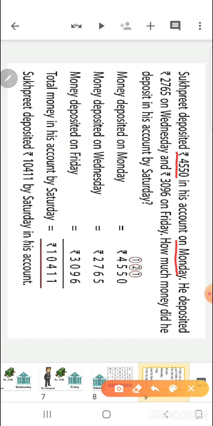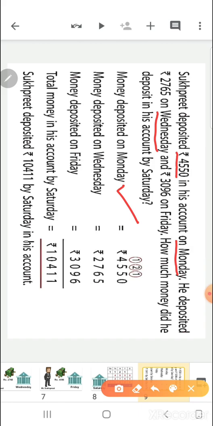So this is our first statement. Money deposited on Monday is equal to rupees 4550. Then next, when did he deposit money? On Wednesday. So money deposited on Wednesday is equal to rupees 2765.